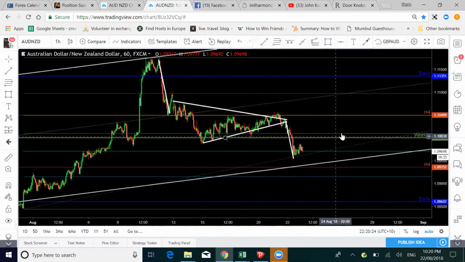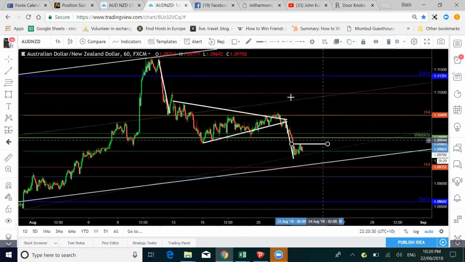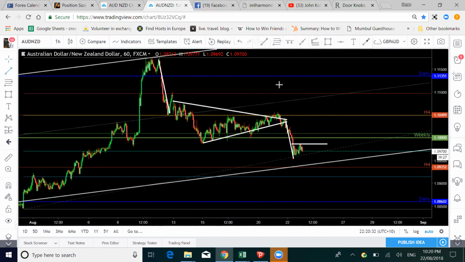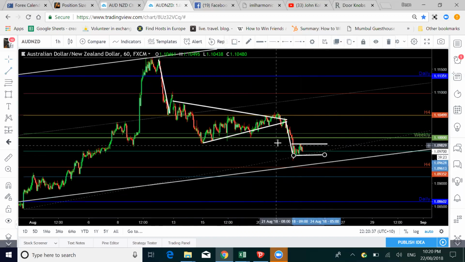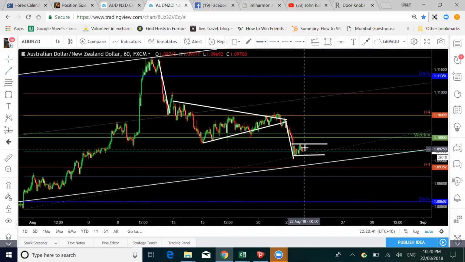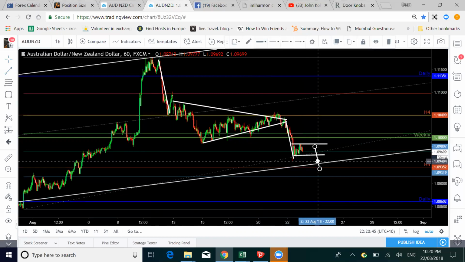And what we're in now is another flag. So we've got another flag forming here on the 1 hour. So it's quite possible that we could have another little push down, and I would expect that push down to sort of trigger into that. It could happen obviously anywhere along here.